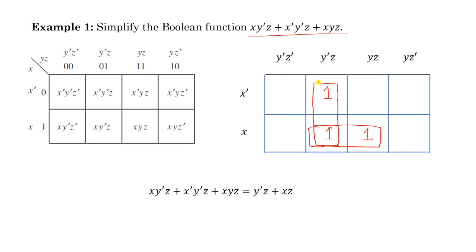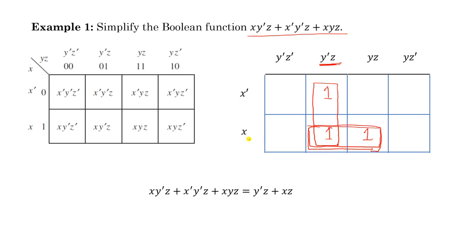Now look at this. For this block, y dash z, this will give a term of two literals, and the common literals will be y dash and z. So for this block 2 by 1, the reduced term will be y dash z. And for this 1 by 2 block, look at this.